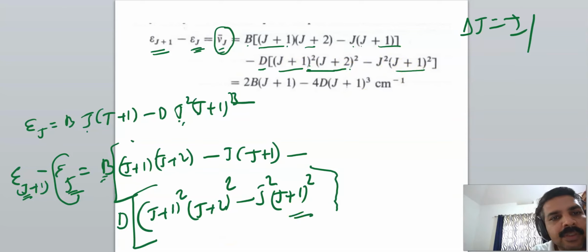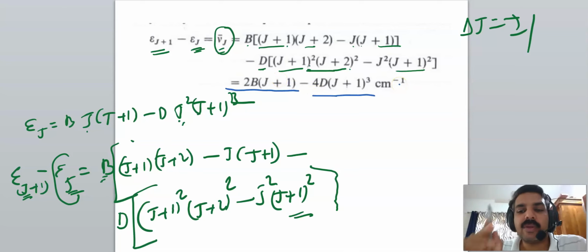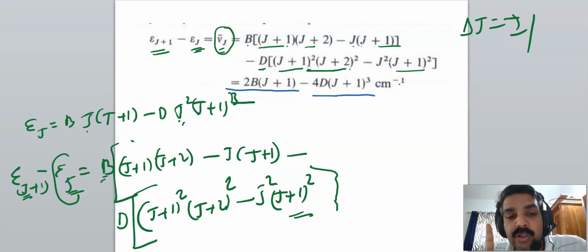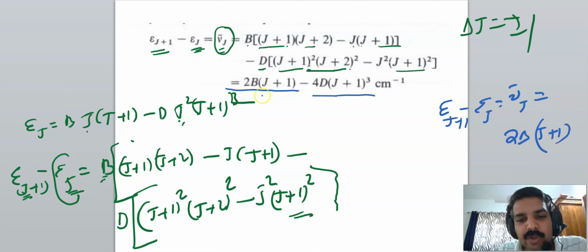By solving this equation, we get 2B into J plus 1 minus 4D into J plus 1 the whole cube. I think you remember that in the rigid rotor approximation, epsilon J plus 1 minus epsilon J, that is nu bar J, is equal to 2B into J plus 1. Here also the same equation, 2B into J plus 1, but with an additional term, minus 4D into J plus 1 the whole cube.